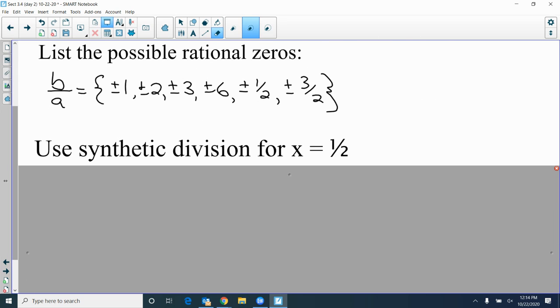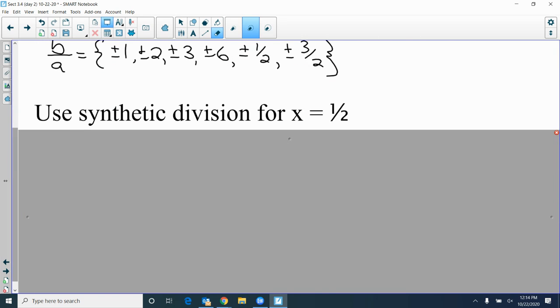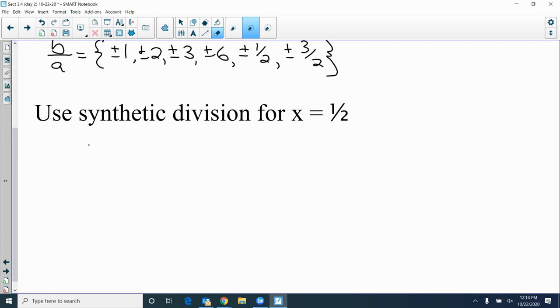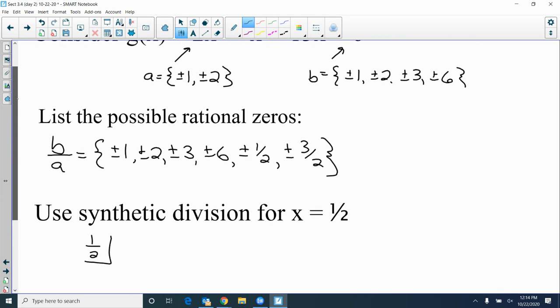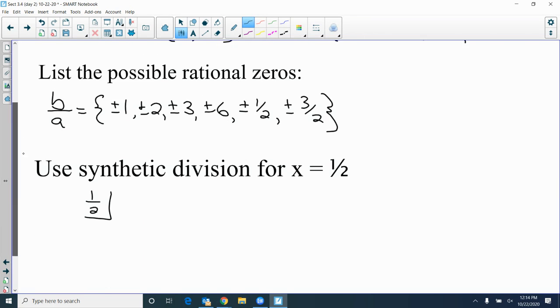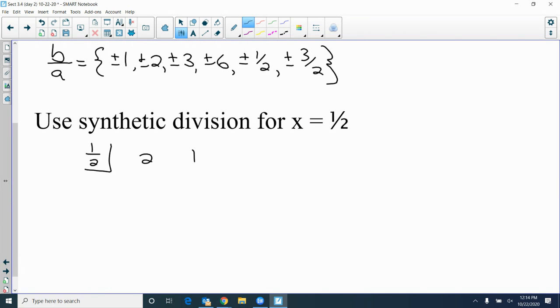Use synthetic division for x equals 1/2. Okay, and then just wait. Use synthetic division. It should be a root. And just put 1/2 in the box. And 2, 1, negative 13, 6.